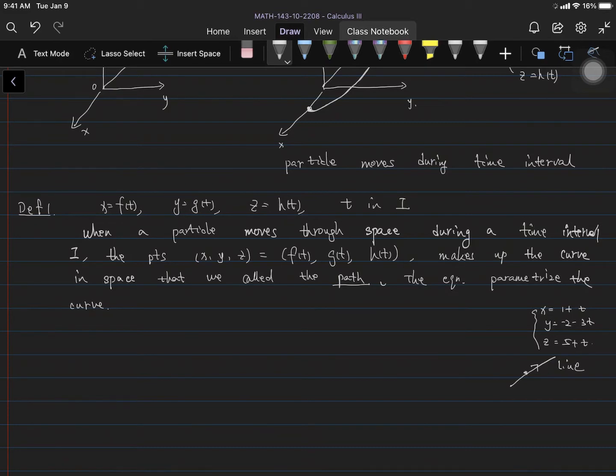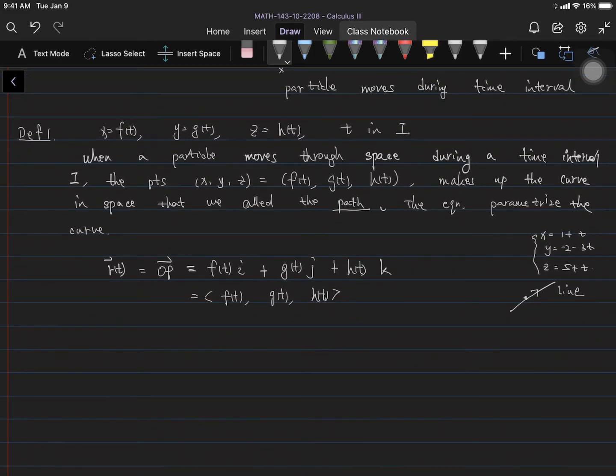And now we're going to write it down this way, r(t). Before we just wrote the vector as vector r, but here we write r(t). r(t) equals what? Equals the OP vector, which is f(t)i if we write it in ijk form, plus g(t)j plus h(t)k. And actually this is the same as the component form, right? f(t), g(t), h(t). So we can write it either way.